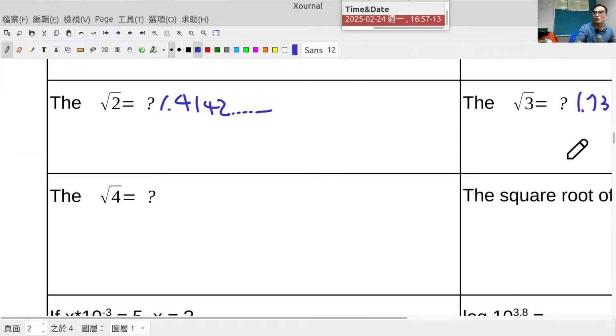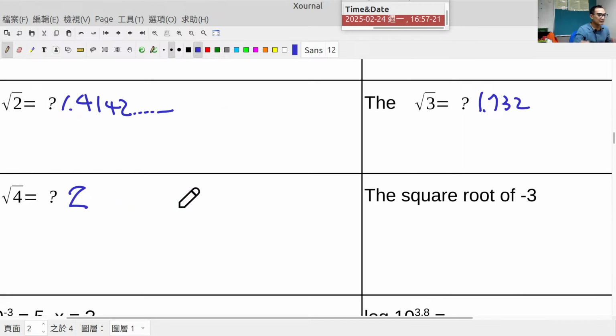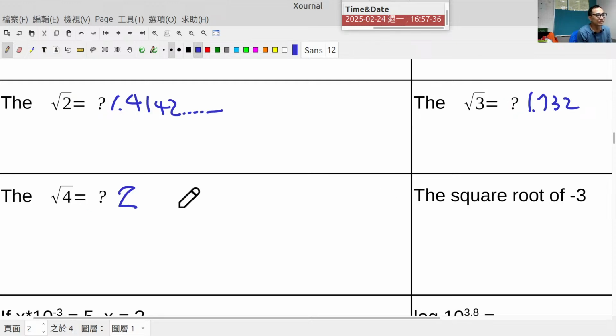And it's a joke here. What's the square root of 4? Okay, any question?